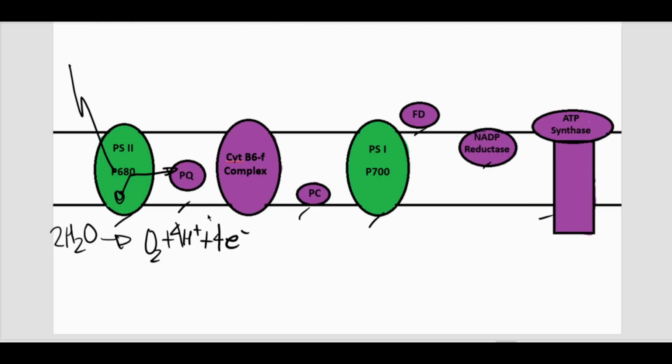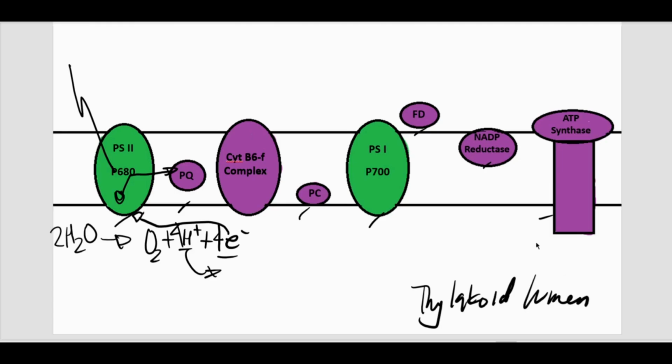Now that the water molecules are split, the electron from photolysis will be absorbed by the chlorophyll, and the hydrogen ions will move here in the thylakoid lumen. And the oxygen will now be released.